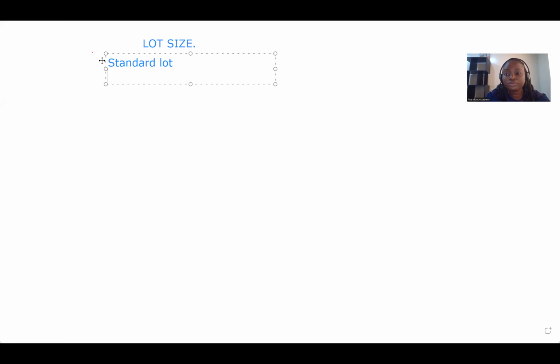The standard lot ranges, as I said, from 1.0 to infinity. So it doesn't have an end.